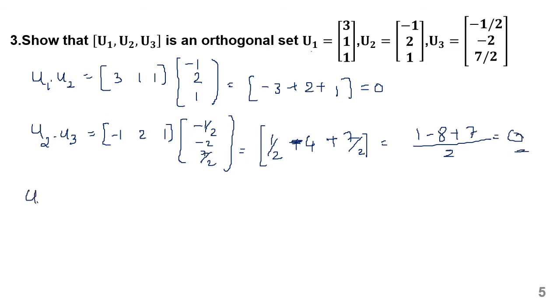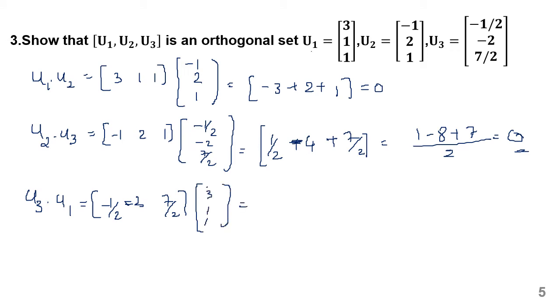Next u3 · u1, which is equal to (-1/2, -2, 7/2) · u1, which is (3, 1, 1).